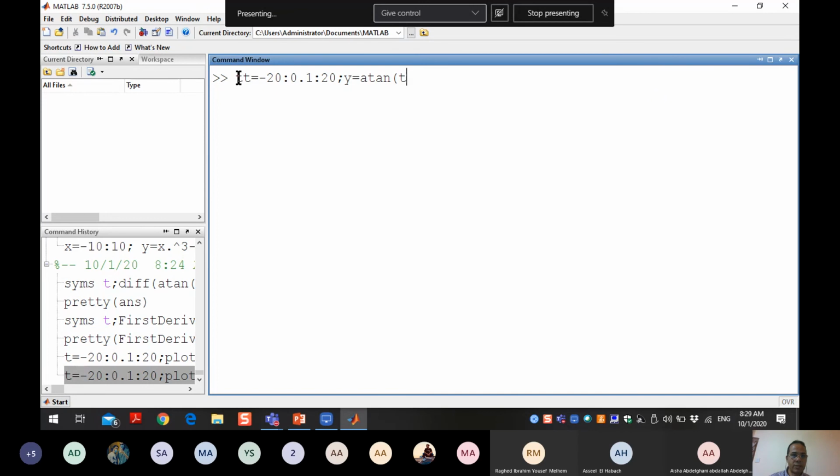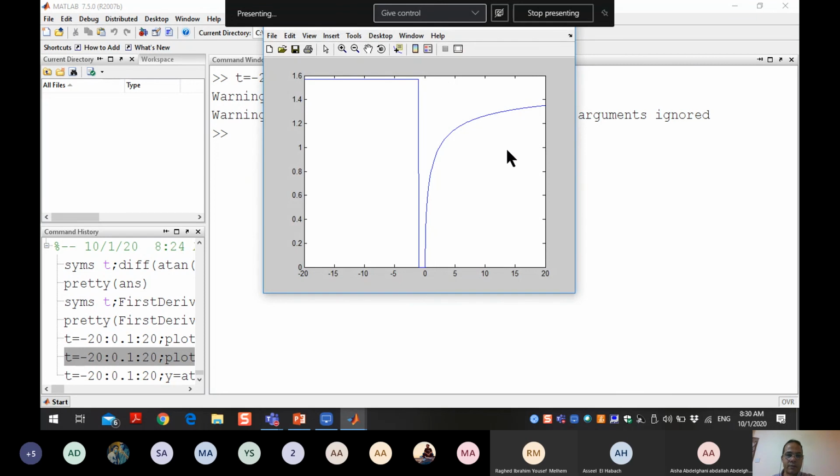I have a problem here because I wrote a double t. Is it root t or atan t? Sqrt t, root t. Yes. I define y, then plot t, comma, y. Yes, here it is. It is giving you a warning because there are some points it cannot graph.